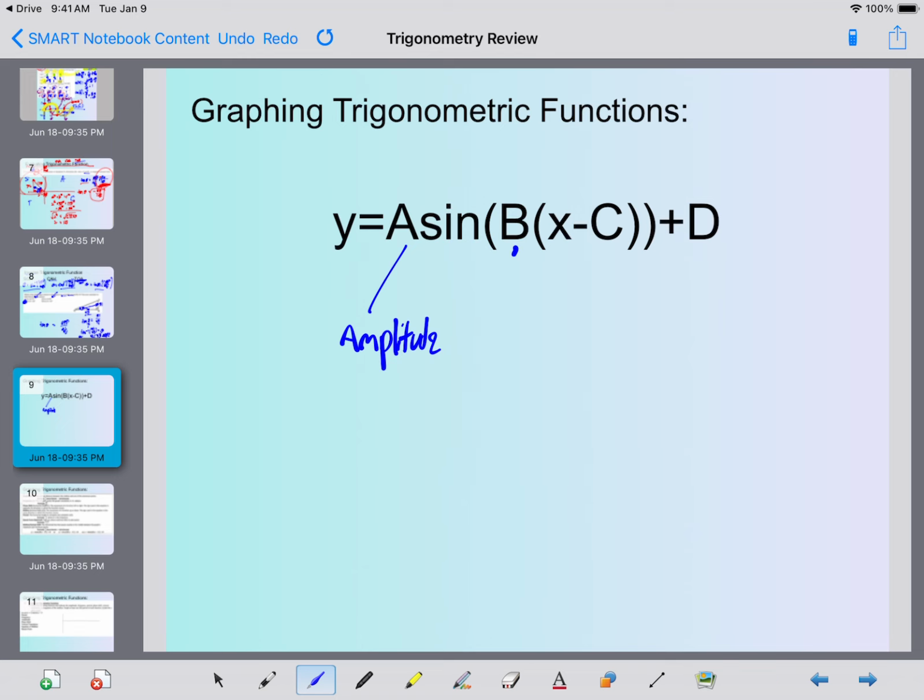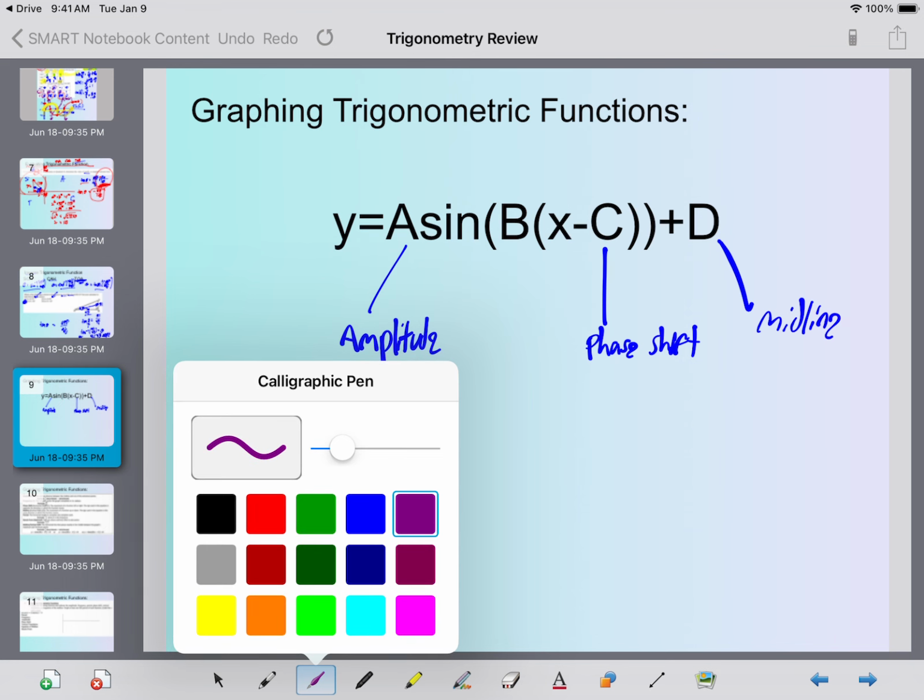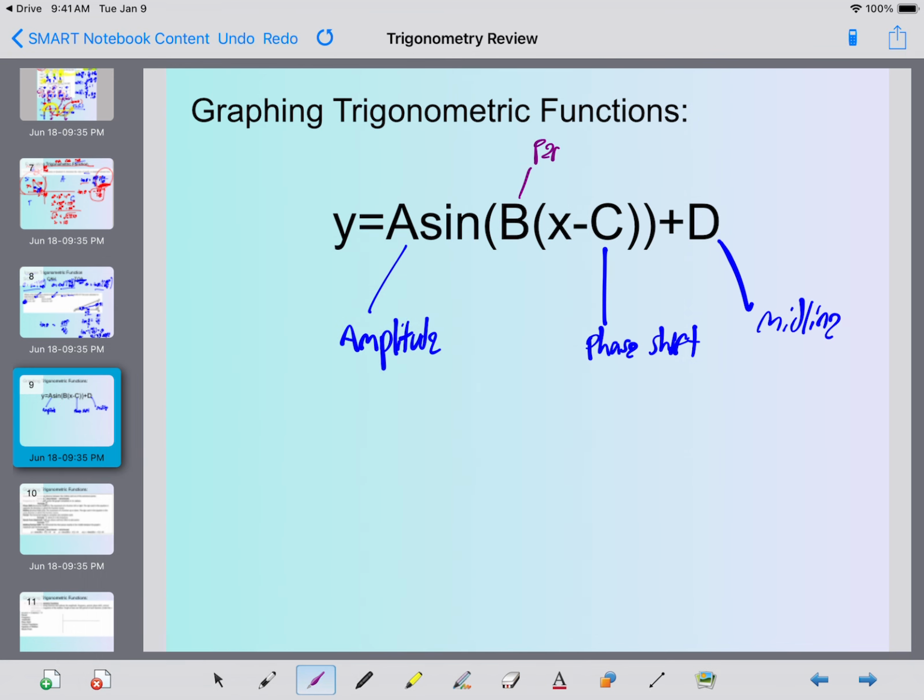B, we'll go into B last, just because B is indirect. C is your phase shift. D is your midline. And B indirectly gives you your period. If this is sine, it starts at the midline, right?